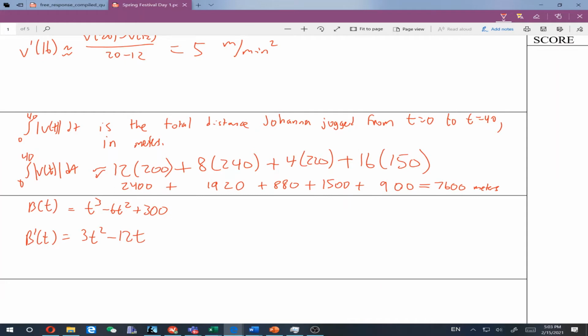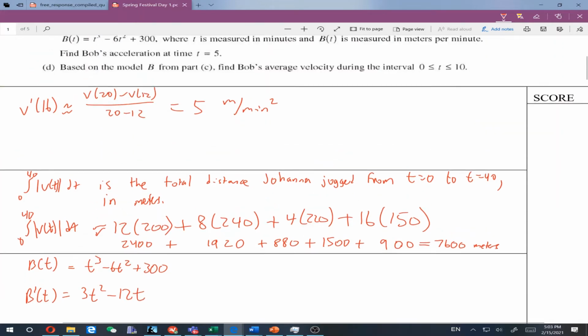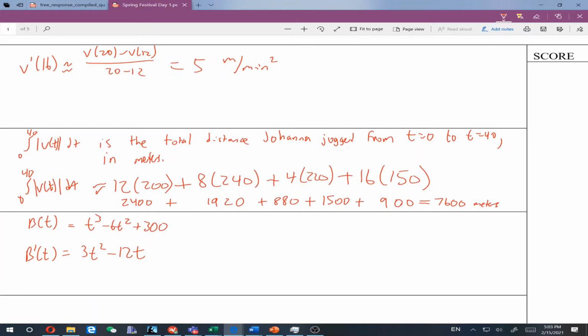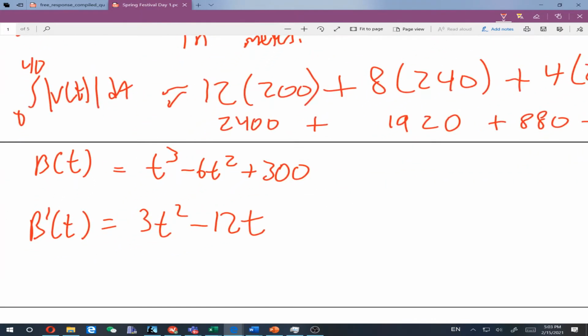Okay, so I've got 3t squared minus 12t. And then I want to know what the acceleration is at the time 5 minutes after they left. So we'll plug in 5. What happens when we plug in 5?